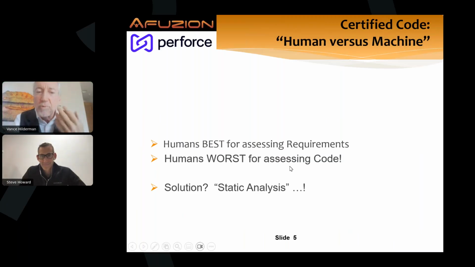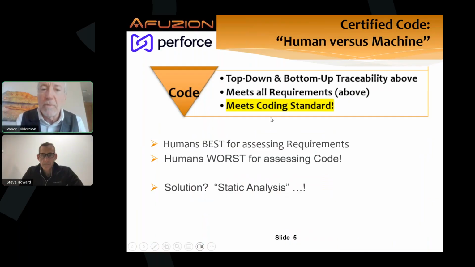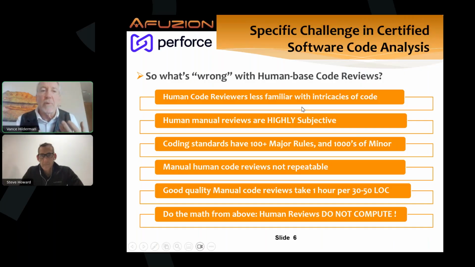The real solution is to realize that humans are subjective. We have different skill levels. But static analysis tools, especially qualified static analysis tools like Perforce, they are not subjective. It's the solution. Because, remember, meeting the coding standard, humans are bad at this. Computers are great. So think about that. We all know that everyone, Microsoft, Apple, Boeing, Airbus, Audi, Porsche, Tesla, they do human-based code reviews.